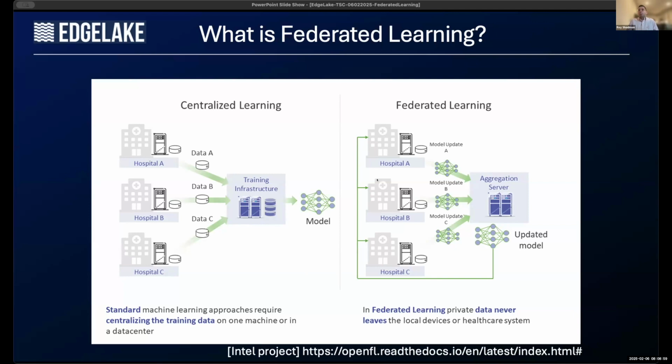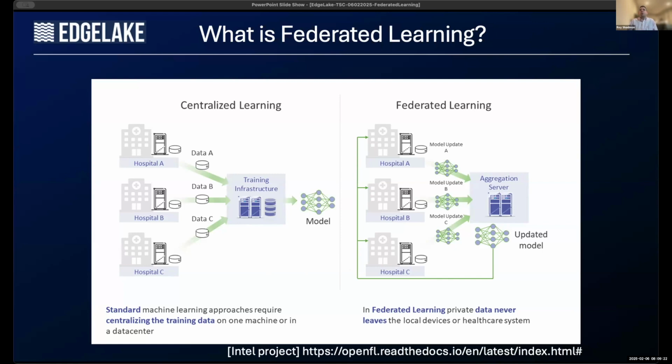Federated learning provides a way for each hospital to independently create a submodel of the model that we are aiming to create. So hospital A creates a machine learning model, hospital B creates a machine learning model, and hospital C creates a machine learning model. Each of these models is being created using each hospital's independent data.